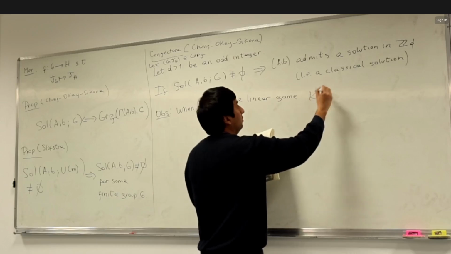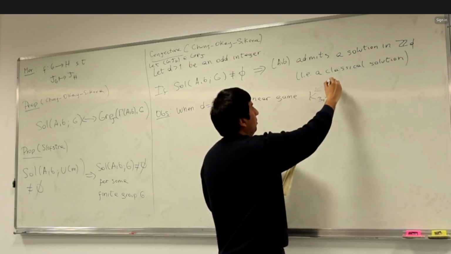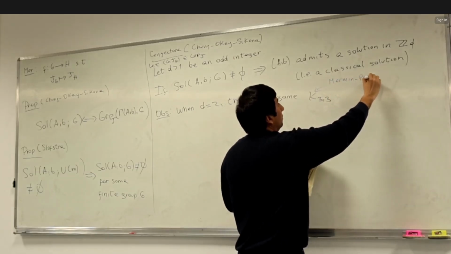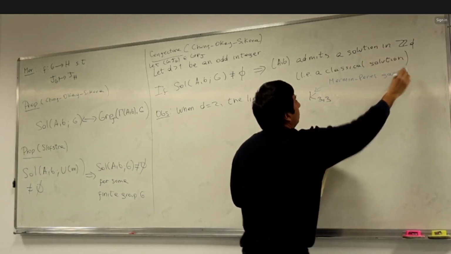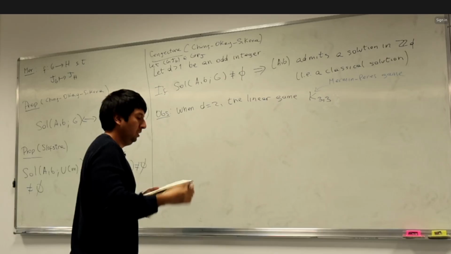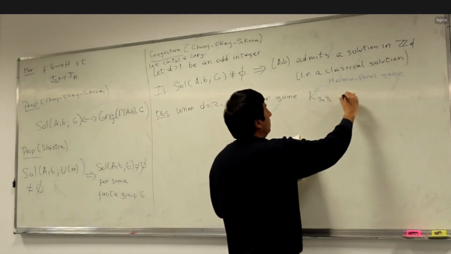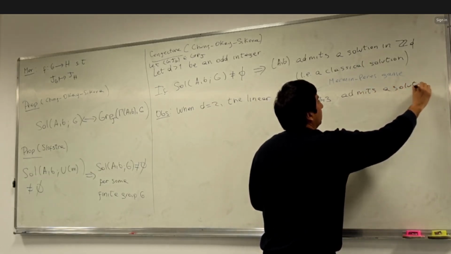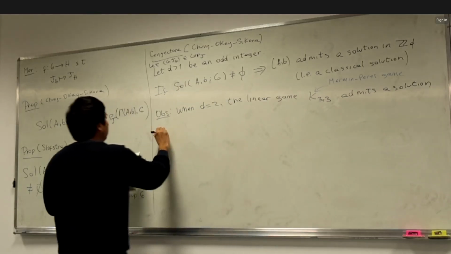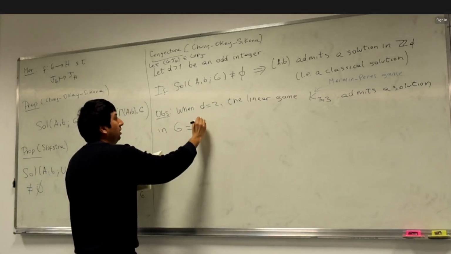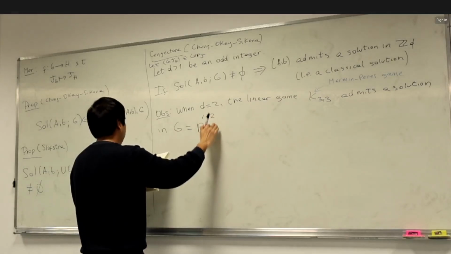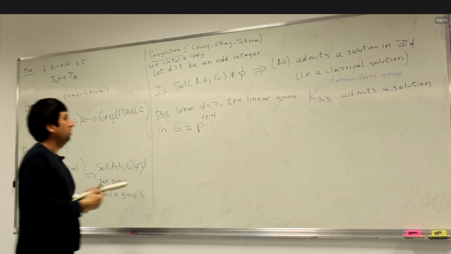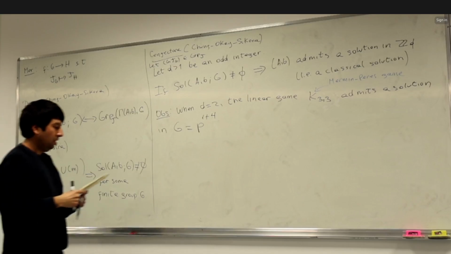It's called the magic square game, or maybe the Mermin-Peres game. There are 2 or 3 names. So this game admits a solution in this group, the extra special group.